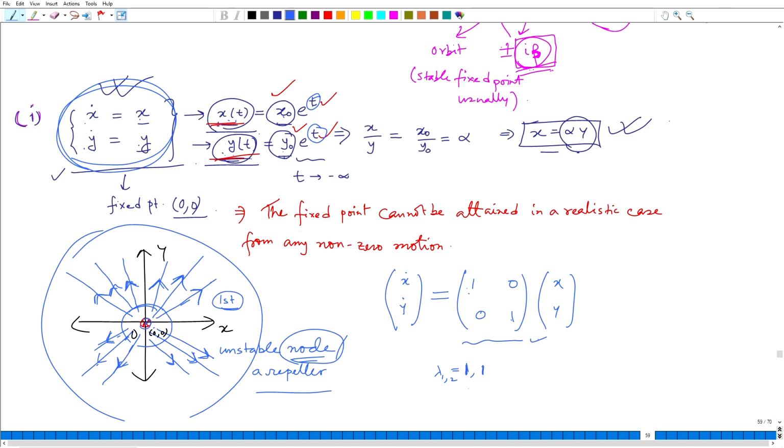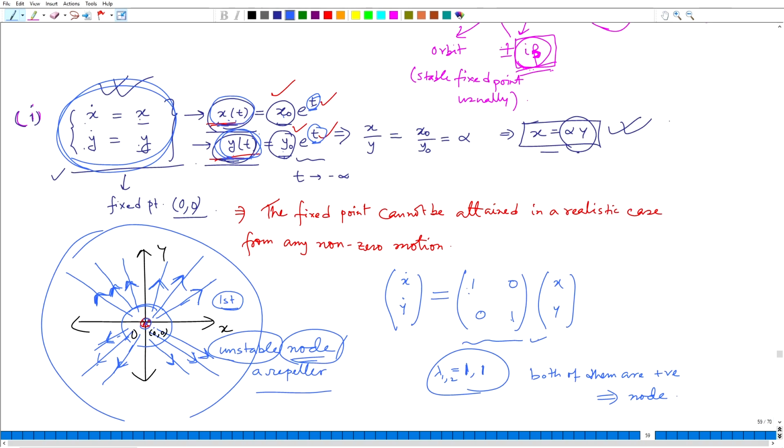Both of them are of the same sign, both of them are positive. So, this is a node, and since the phase space trajectories are going away from the fixed point, it is called an unstable node. That means the perturbation or the disturbance has increased, because this is the amount of disturbance, and with time it increases.